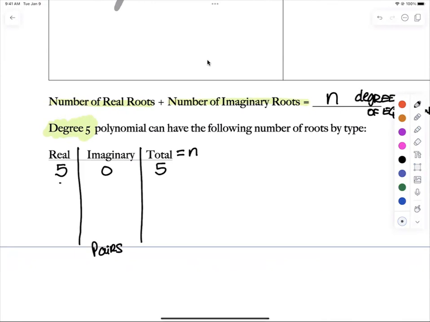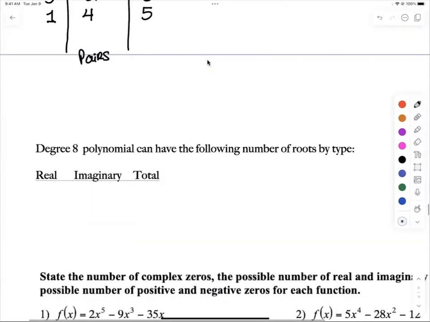I could have 3 real number roots and 2 imaginary roots, giving me a total of 5 roots altogether. Or I can have 1 real root and 4 imaginary roots, giving me that total of 5 roots altogether. So the ability to make this little chart and separate real and imaginary into 2 columns is a standard skill for 2B.